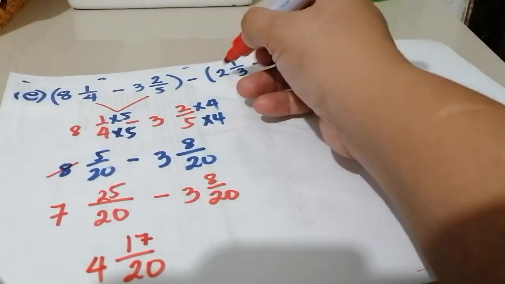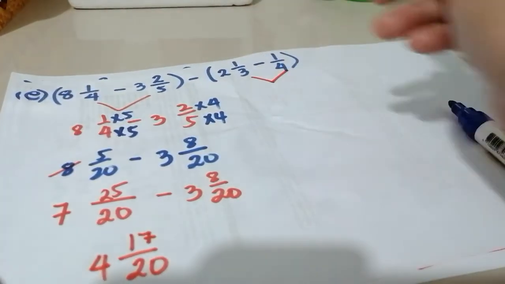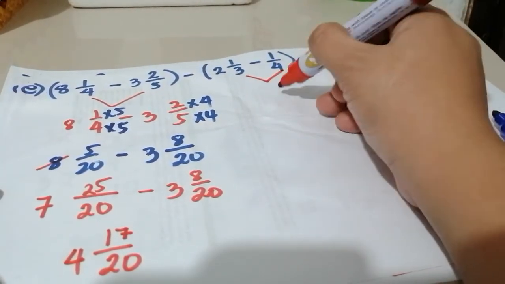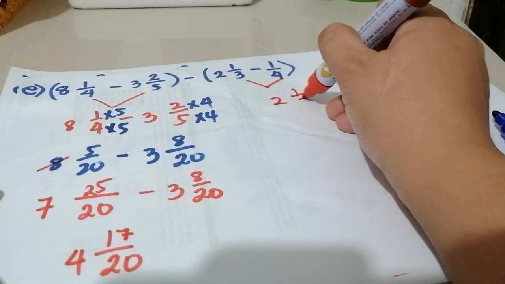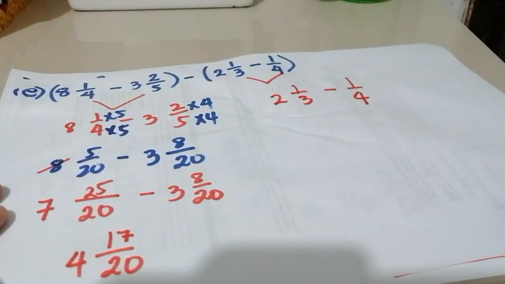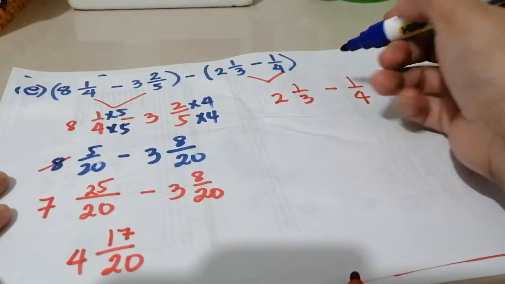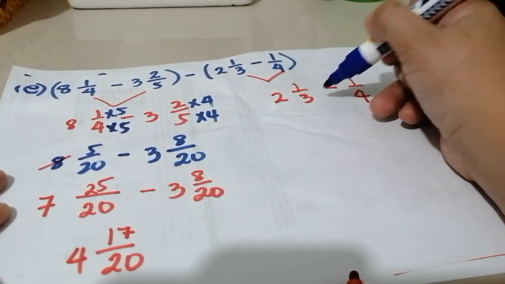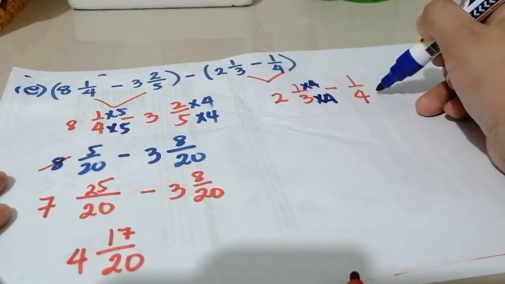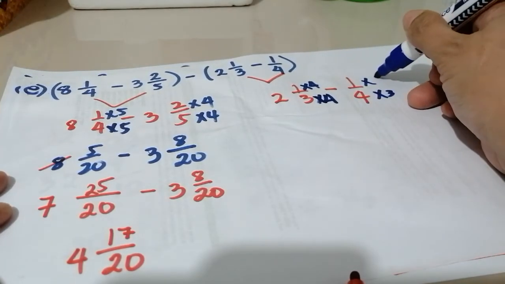So, this time, we will be doing this second one. Okay, so isusubtract naman natin ngayon ang 2 and 1/3 minus 1 and 1/4. So again, hindi pareho ang denominator, so kailangan nating gawing pareho. So we have to multiply this by times 4, at eto times 3, times 3.